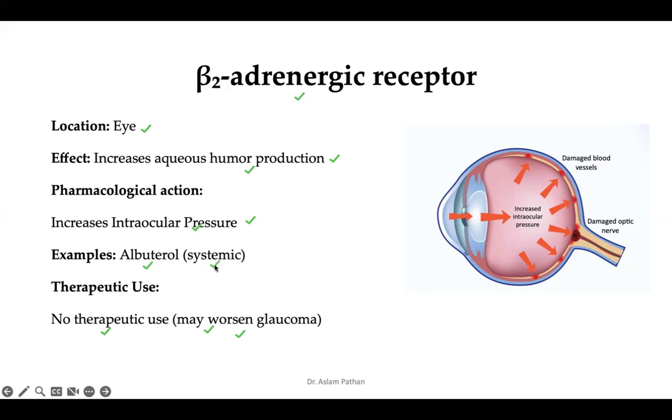But the systemic or oral route of albuterol may lead to increased aqueous humor production, and this is the side effect of albuterol. If the patient has glaucoma, we need to take care while prescribing albuterol or salbutamol by the systemic route.